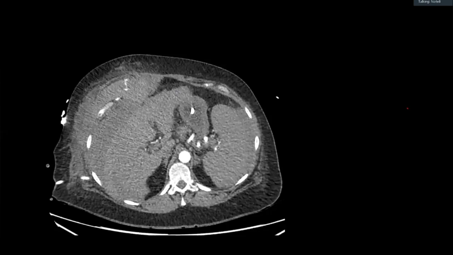I cannot appreciate any lesion within the liver which is hyper-enhancing, and the visualized part of the spleen appears to be normal. However, few hyper-enhancing foci are noted within the region of the stomach.